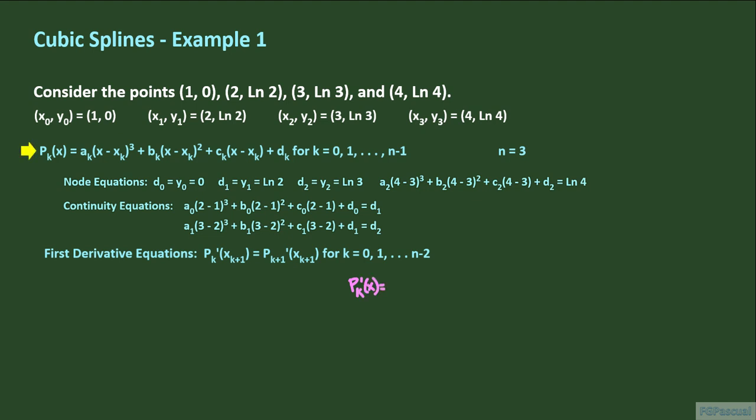Differentiating p sub k of x, p sub k prime of x is equal to 3 times a sub k times the square of x minus x sub k, plus 2 b sub k times x minus x sub k, plus c sub k. One thing we note is that when x is replaced by x sub k, we have p sub k prime of x sub k equals c sub k.